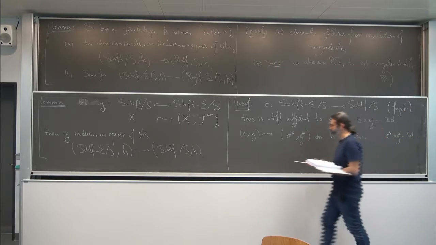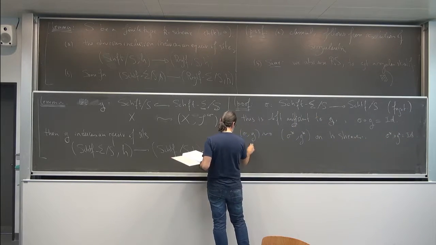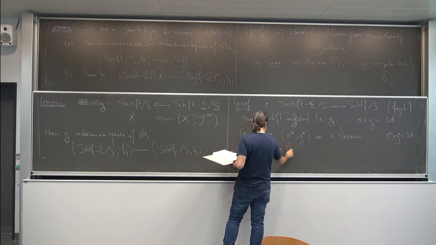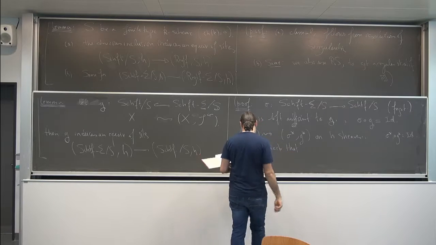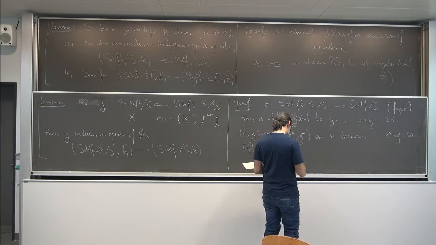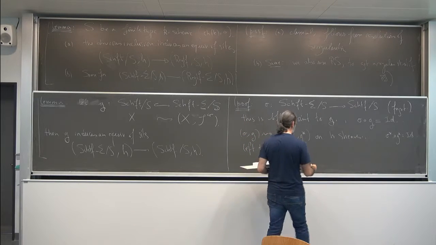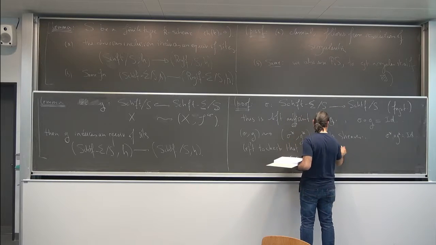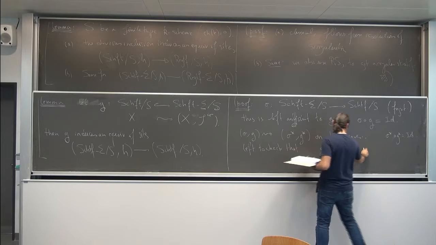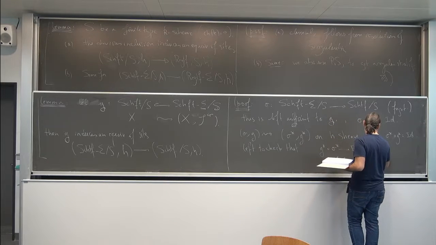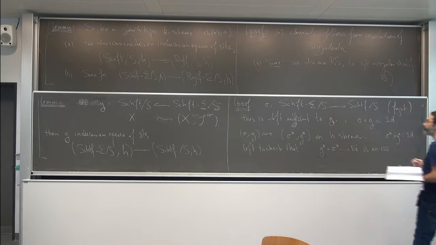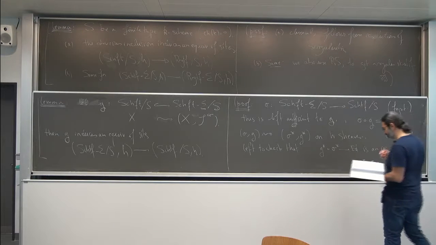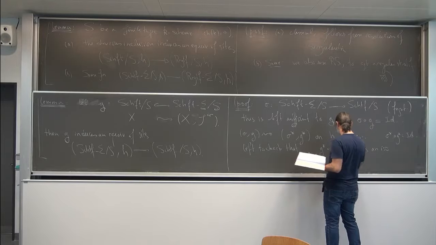So we are left to check that G star composed with O star mapping to identity is an isomorphism, or maybe the map goes the other way.